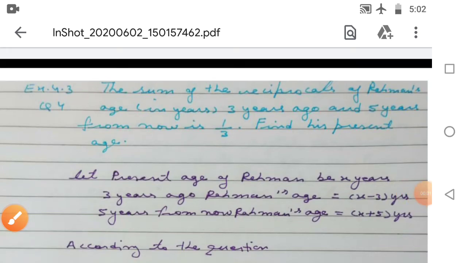Hello students, now the second part of exercise 4.3, and here we are starting with question number 4.